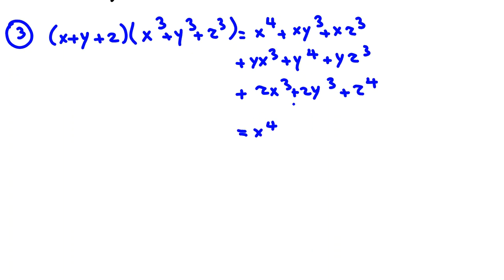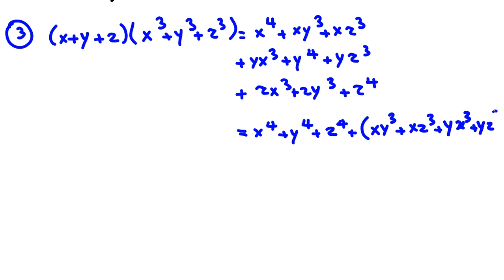So it will be x to the 4 plus y to the 4 plus z to the 4 plus xy cubed plus xz cubed plus yx cubed plus yz cubed plus zx cubed and plus zy cubed. Okay, it is the third one.